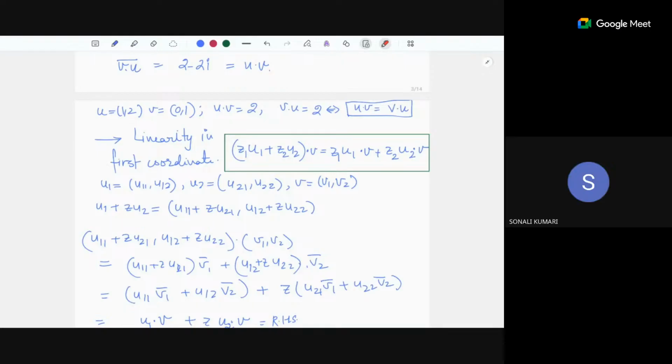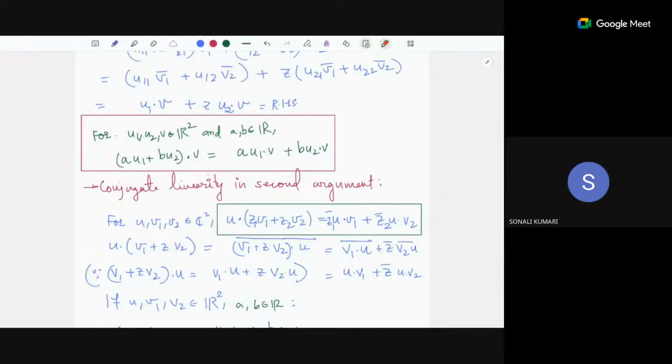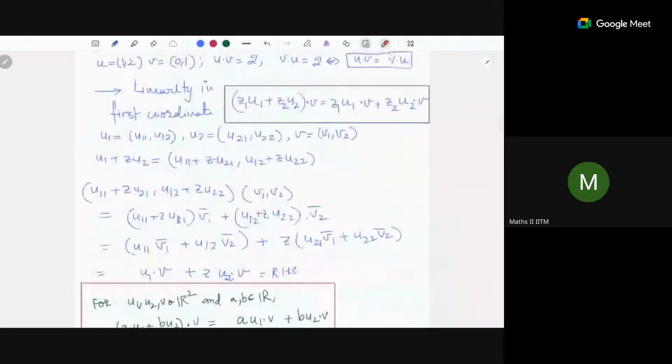In the first, we just multiply on the right hand side, and in the second argument we multiply on the left hand side. Yes, that's what I'm saying. This is the first component from the left hand side.